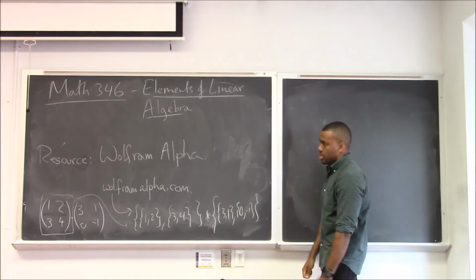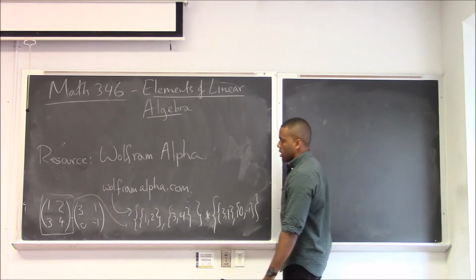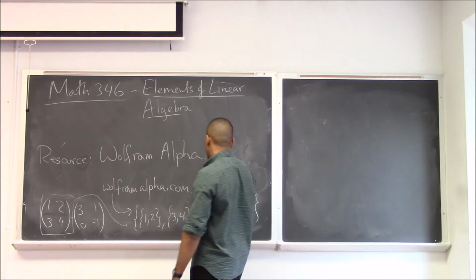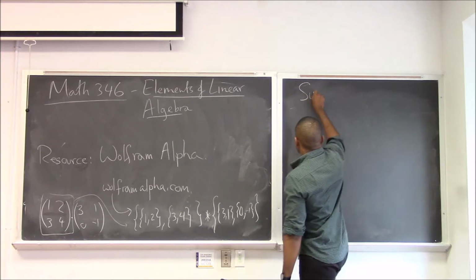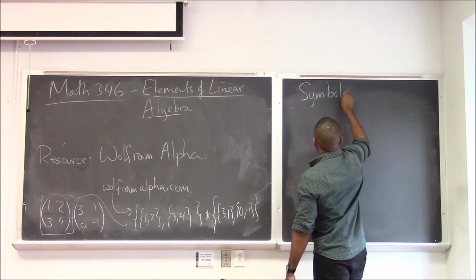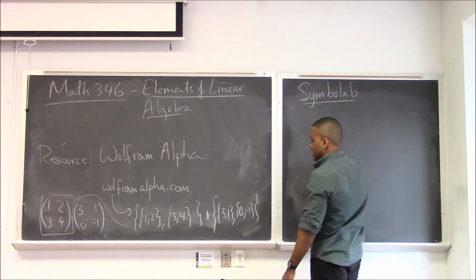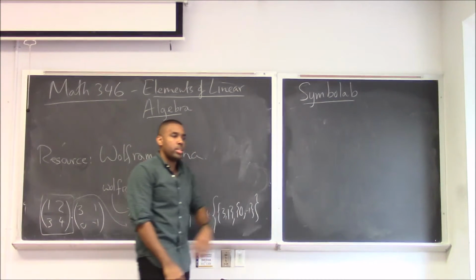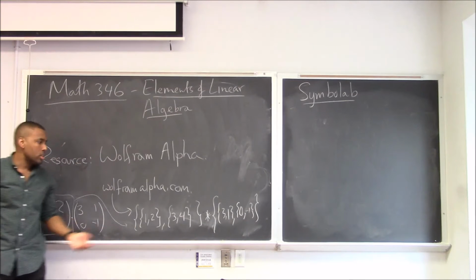A lot of things in this class will be computational, and you can actually use Wolfram Alpha and other things like it. Symbol Lab is another one. Although I don't use that much, but I know a lot of students who've been using that. That one you can enter things sort of like a template, so you have to know less programming.